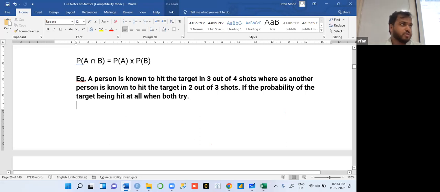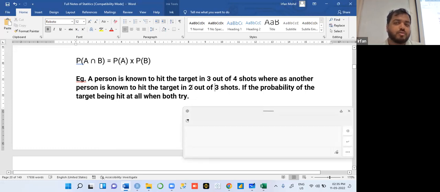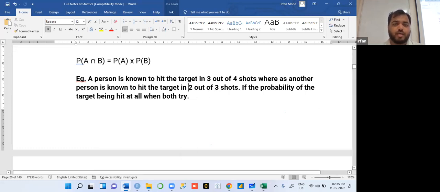Now guys, read the question first and then let's solve. A person is known to hit a target in 3 out of 4 shots. So you have to shoot 4 times. Out of 4, how many times does he hit accurately? 3 times. Whereas another person, so we have 2 people, A and B. Can I say the 2 people who play the shot are independent? Agree? And the second person, how many shots is he doing? 3. Out of 3, how many hit the target? 2. Can you solve? Can you find A and B?